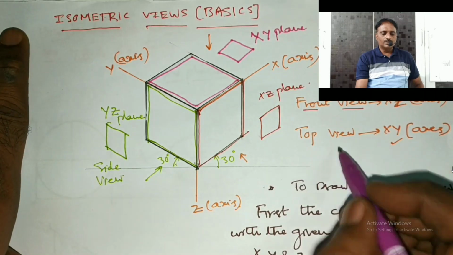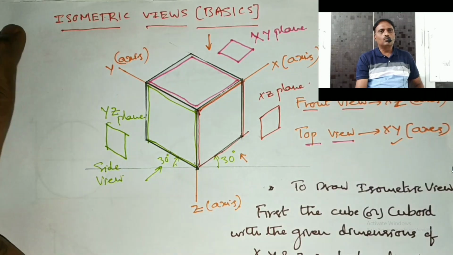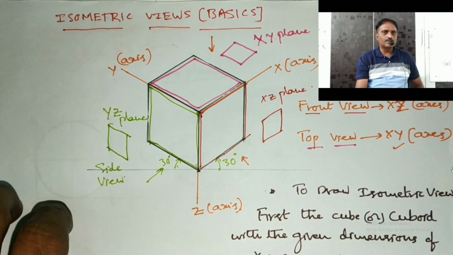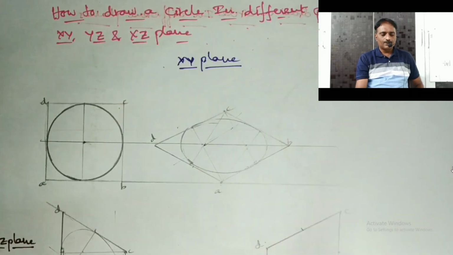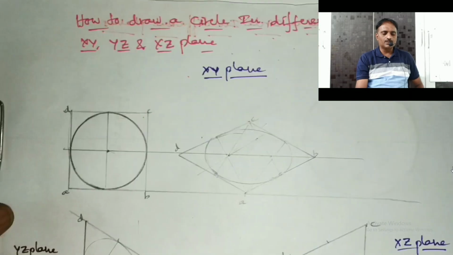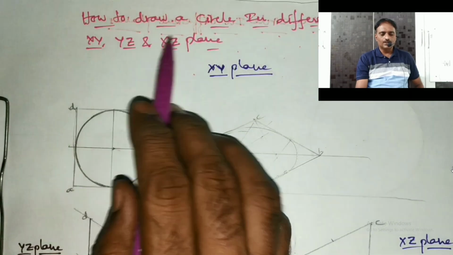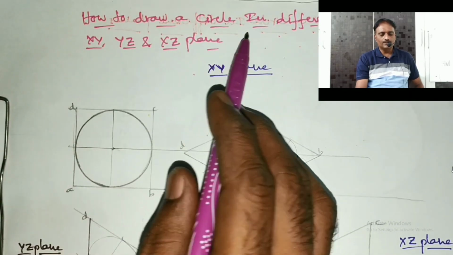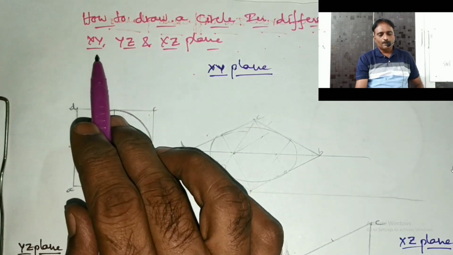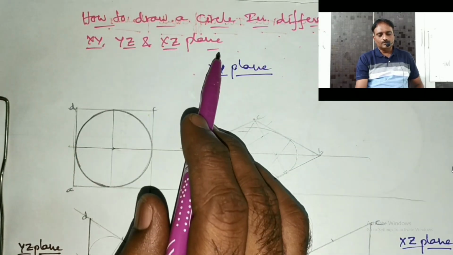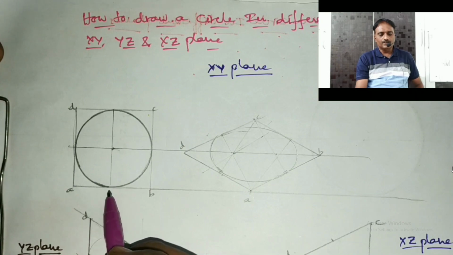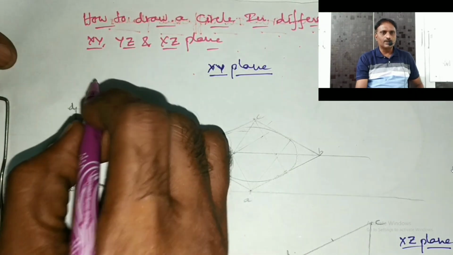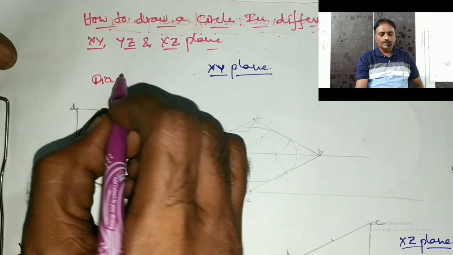So like that, in the next session we are going to represent a given circle in these different planes. Here we are given a circle of diameter 40 units. So I have drawn a circle of diameter 40 units, and let us represent this circle in the three planes: xy, yz and xz planes.